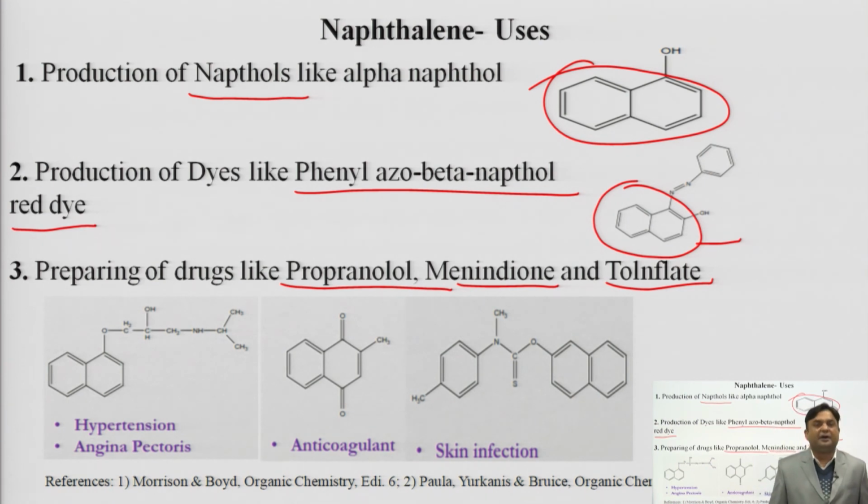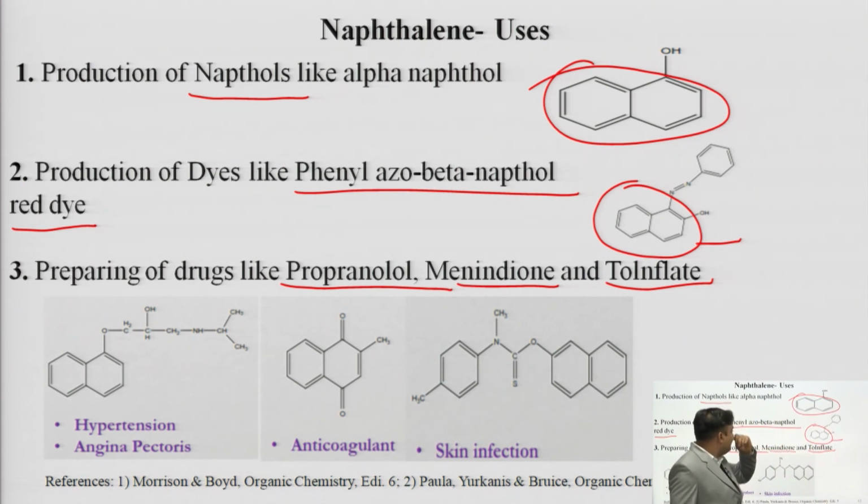So, it is all about the chemical reactions of naphthalene. We have also seen the uses of naphthalene. As I have already told you, it has a characteristic odor. Because of that odor, it is used in the preparation of naphtha balls, which are very commonly used for domestic purposes, for keeping clothes. Then it is also used for naphthol, alpha and beta naphthol.